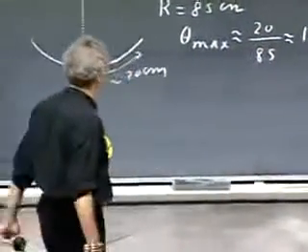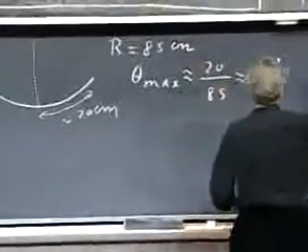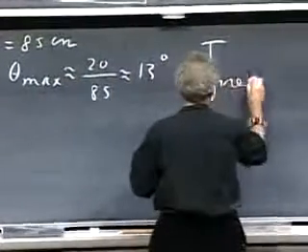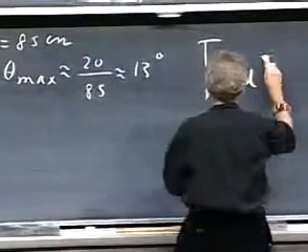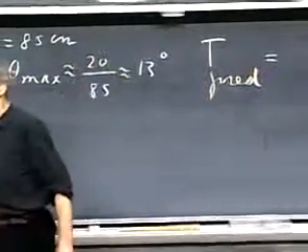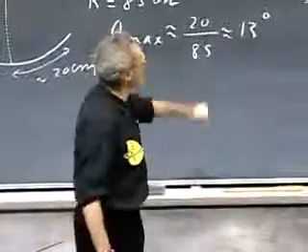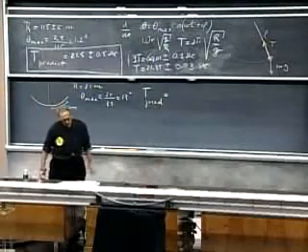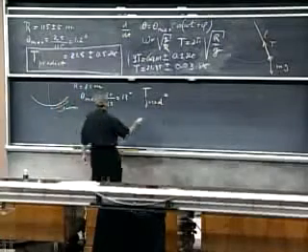It's that small. So I can make a prediction of the period of this oscillation, and you can go through exactly the same exercise. You take 2 pi times the square root of R over g, and you find 1.85.